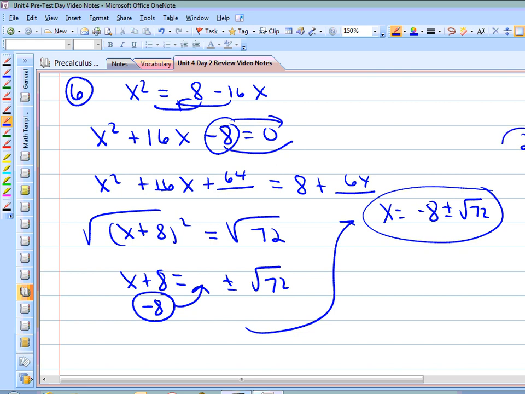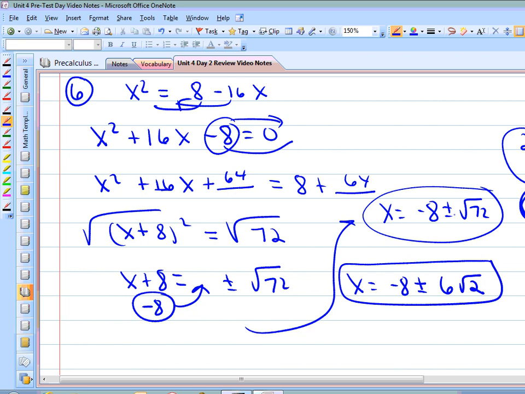A pair of 3s and a pair of 2s. 2 times 3 is 6. That 2 right there stays home. And so we have x equals negative 8 plus or minus 6 square roots of 2. That would get you full points, but the earlier step would get you the majority. So make sure you focus on getting there and then strive to get this last little bit. All right, way to go, Bearcats.